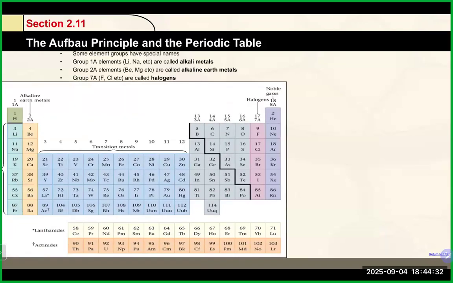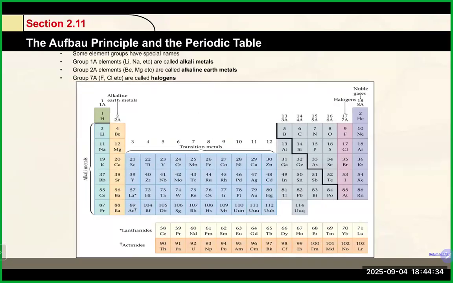Now, some groups on the periodic table have special names. Group 1 over here, again, as we talked about, starting with lithium, those are the alkali metals. Right next door, group number 2 is our alkaline earth metals.